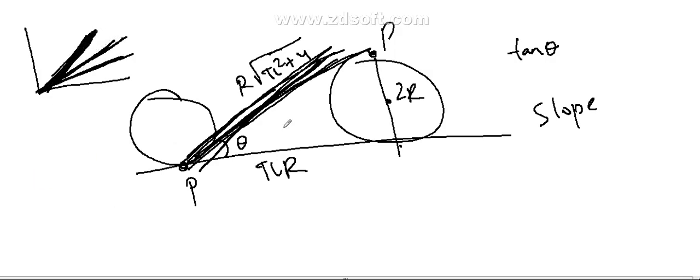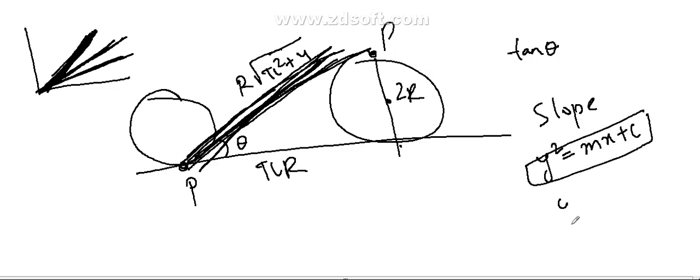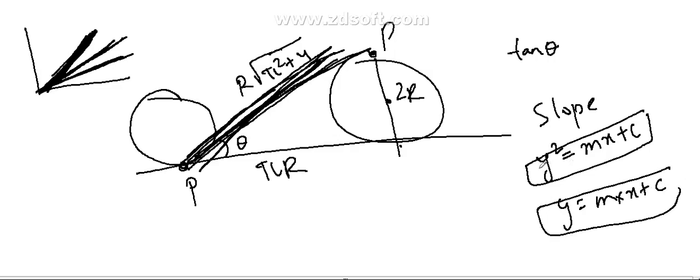I don't know whether you know the straight line equation. You know this formula, y equal to mx plus c. So what is m here? M is the slope. M is y2 minus y1 by x2 minus x1.